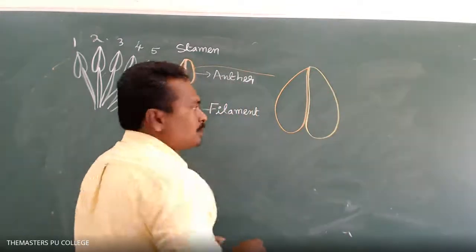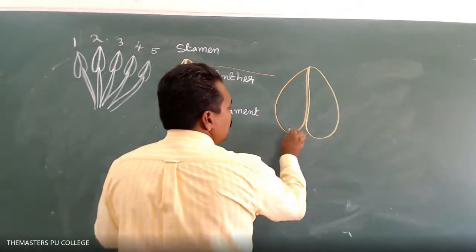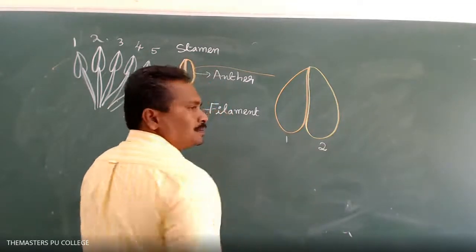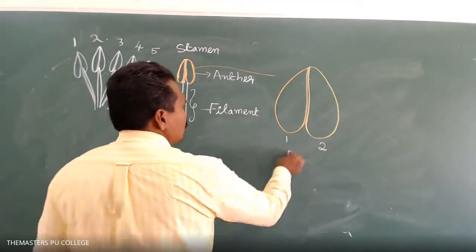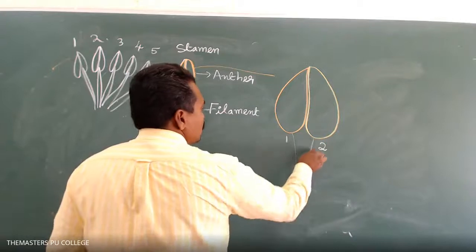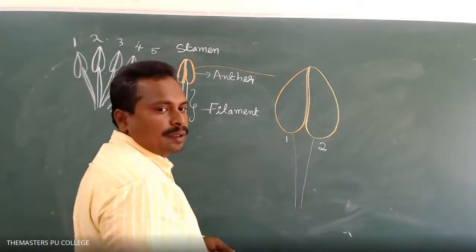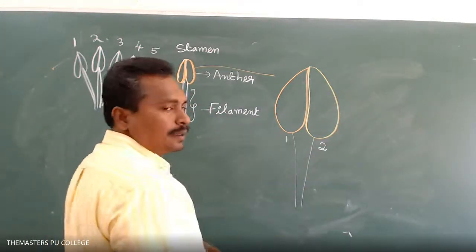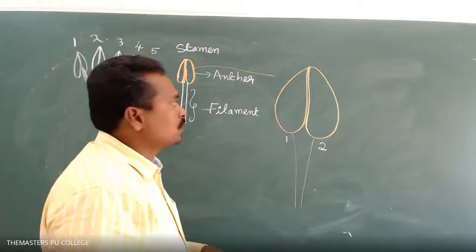Here I have drawn the anther separately. So this is one lobe and this is the second, and here the filament. How many lobes are there in the anther? Two lobes. Generally, two lobes are there.